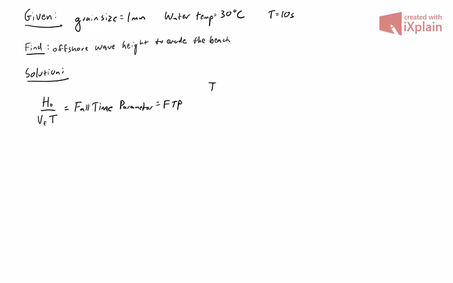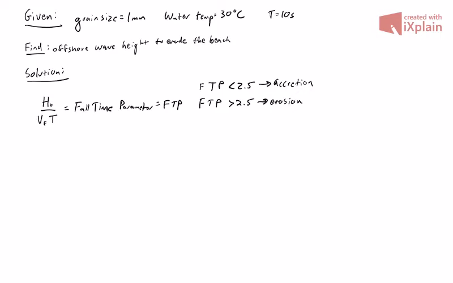And if FTP is less than 2.5, your beach undergoes accretion, where the beach builds up. And if the fall time parameter is greater than 2.5, your beach undergoes erosion and is slowly eroding away and no longer becoming a beach.